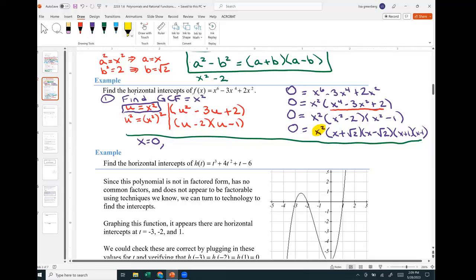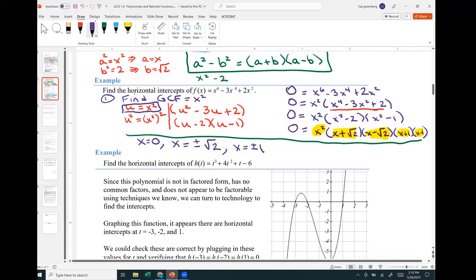I have x plus the square root of 2 and x minus the square root of 2, which gives me x equals plus or minus the square root of 2. Those are two more solutions. And last, I have x plus 1 and x minus 1, and that gives me x equals plus or minus 1 as my other solution.